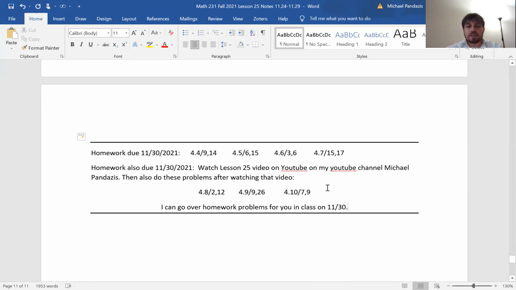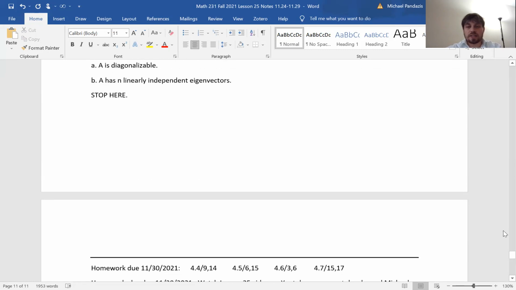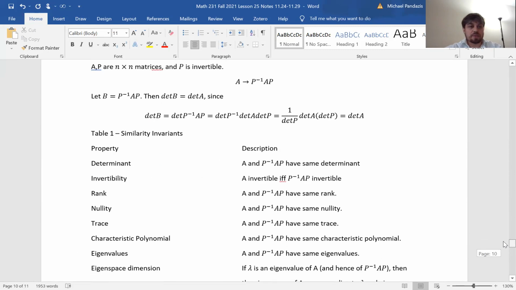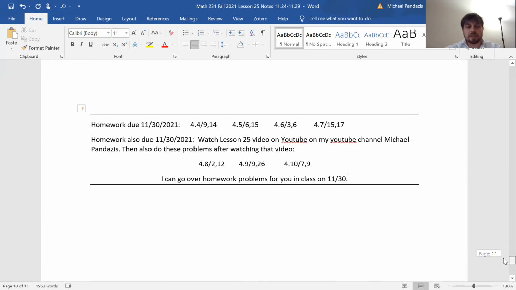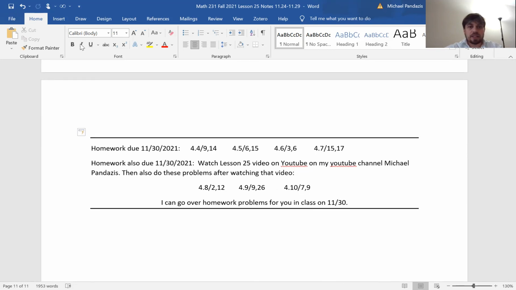This is the only homework. There's no homework yet on chapter 5. I am going to assign homework that I covered in 5.1 and 5.2 next class, but the chapter 5 homework will be due after exam 2. This homework is due on the 30th.